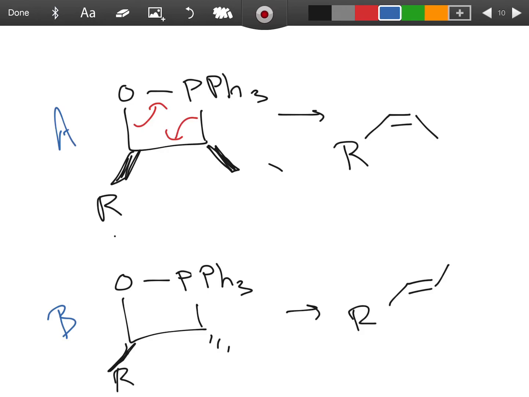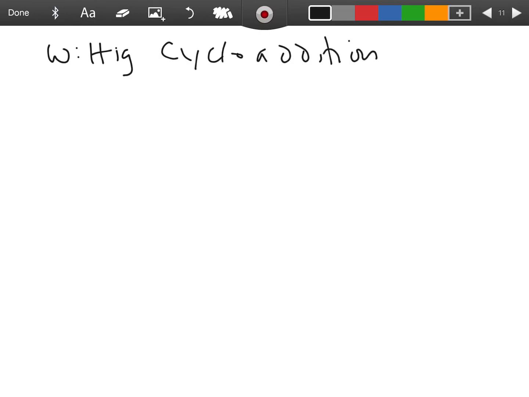So you have your R group. This is a Wittig cycloaddition. It's a 2 plus 2 reaction, 2 electrons from each side.